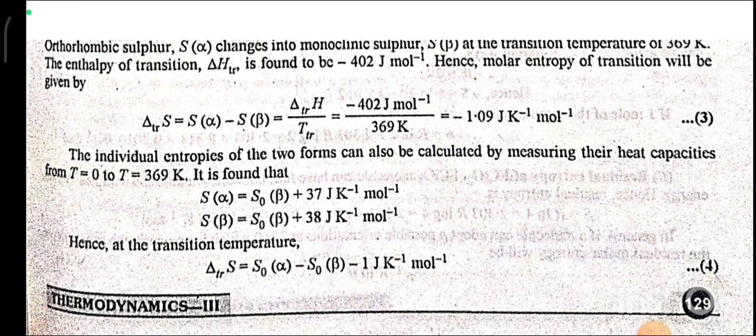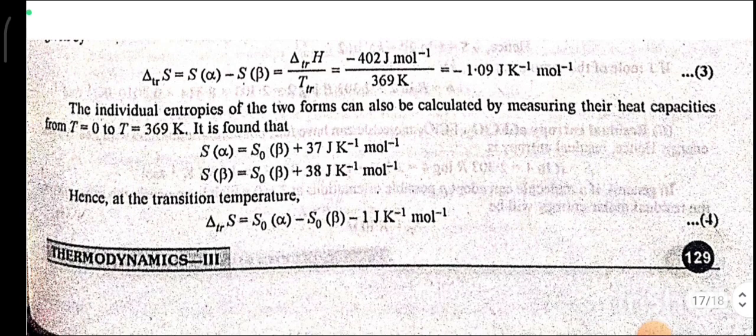The individual entropy of the two forms can be calculated by measuring their heat capacity from temperature equals 0 to temperature equals 369 Kelvin. It is found that S alpha is equal to S naught alpha plus 337 joule per Kelvin per mole, and S beta is equal to S naught beta plus 38 joule per Kelvin per mole.